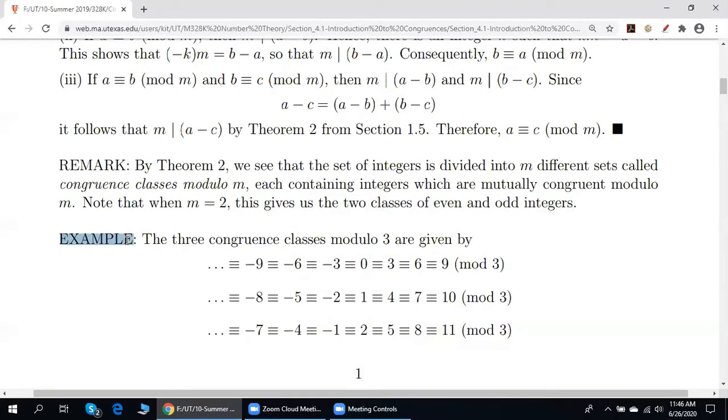Here's another example. Suppose m is equal to 3. We divide all integers into three classes. Integers that give us a remainder 0, integers that give us a remainder 1, and integers that give us a remainder 2 when we divide them by 3.